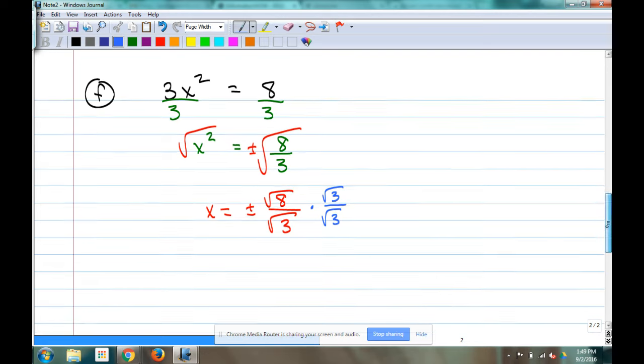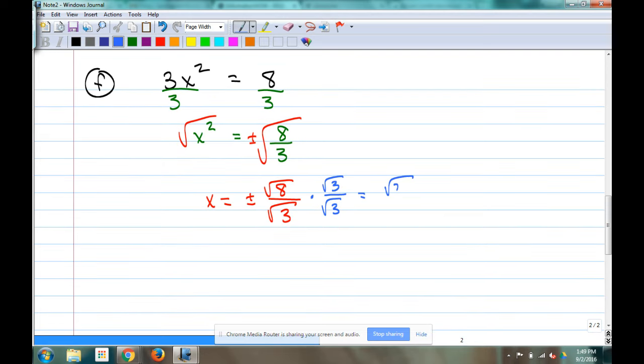And that's going to turn into square root of 24 on top, and then square root of 9 on the bottom, which is 3. And then we simplify the 24. 8 and 3, 4 and 2, 2 and 2. We've done 24 already today. 2 radical 6.